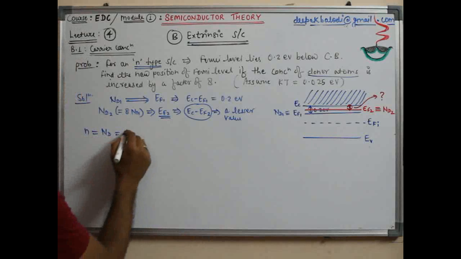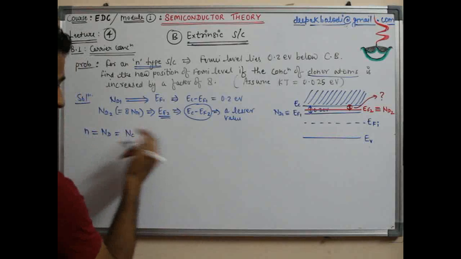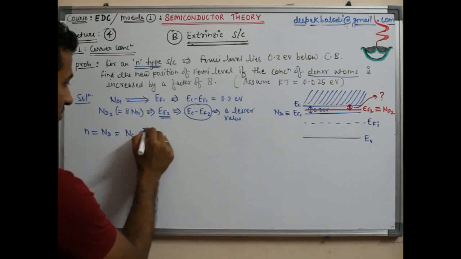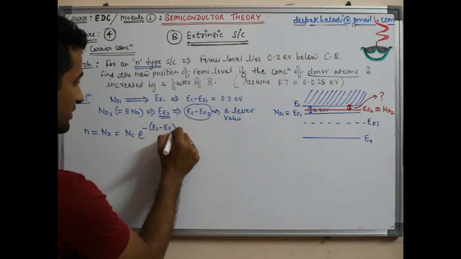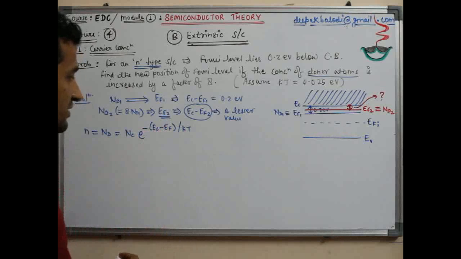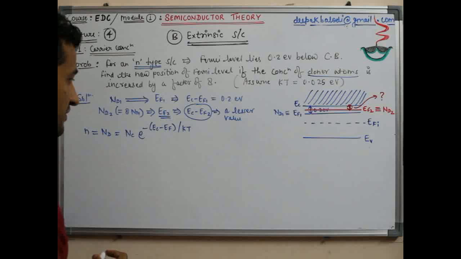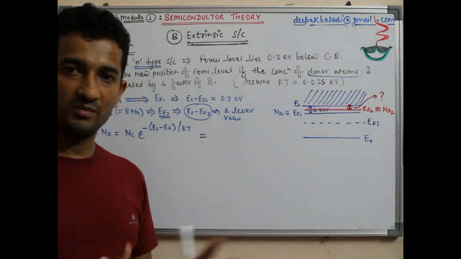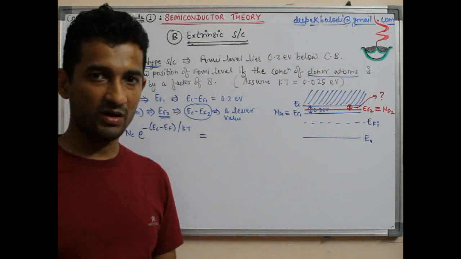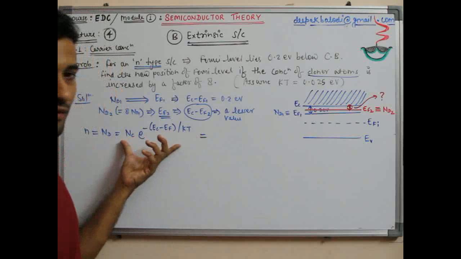It is equal to NC, the effective density of states in the conduction band, which is a constant, e to the power minus (EC minus EF) by kT. Earlier, with the intrinsic case, we used to write EFI, but for extrinsic, EFI becomes EF. Also, we can write, if in this problem or the previous problem everything was given relative to EC or EV, then we use these formulae.